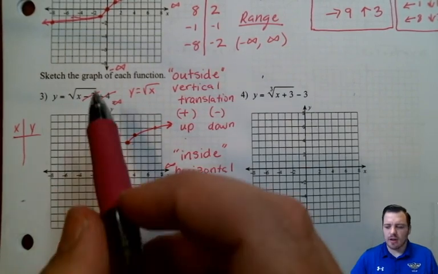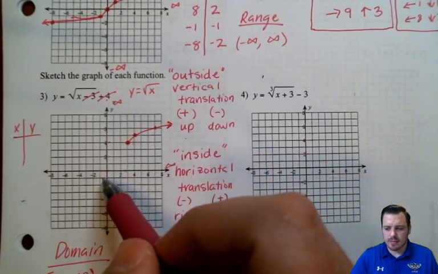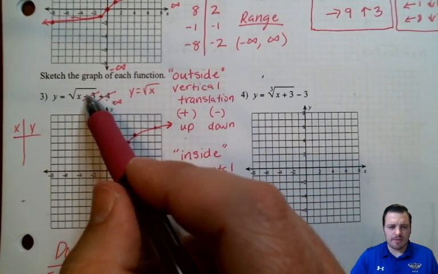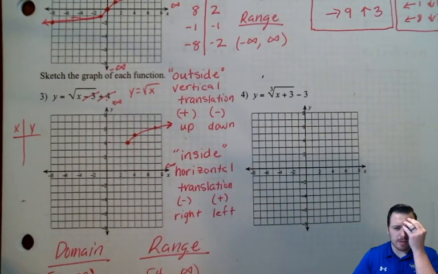Are you understanding the whole 4's on the outside? That means a vertical translation. That means I'm going up 4, and negative 3's on the inside, and I'm going right 3. Are you good on that? Give me a response on that.